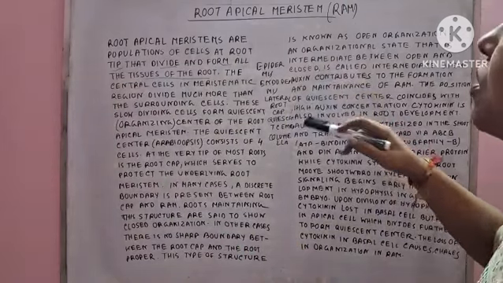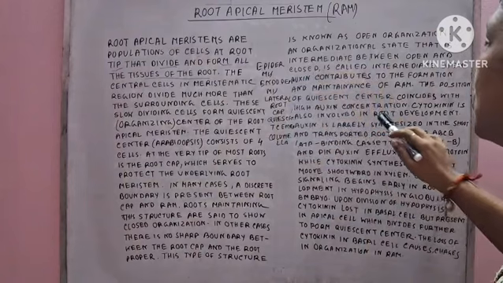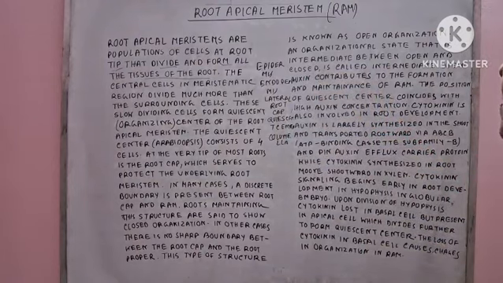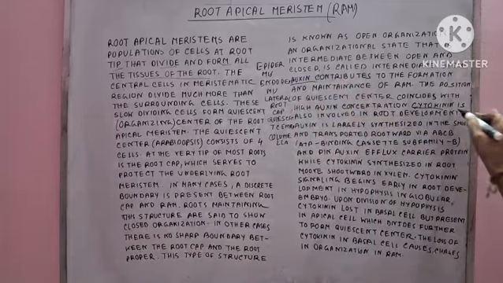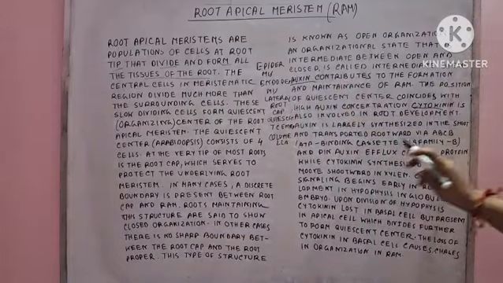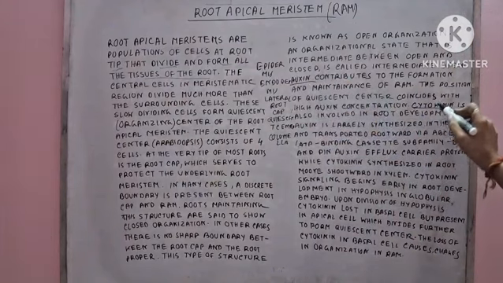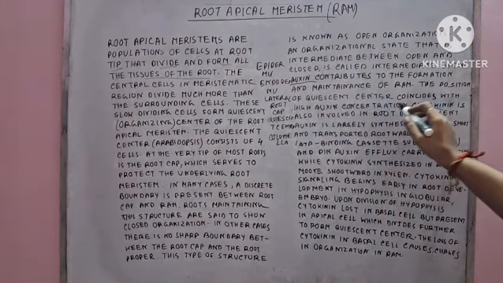The two hormones, auxin and cytokinin, both help in the formation of the root apical meristem. Clear? The position of the quiescent center coincides with the high auxin concentration.